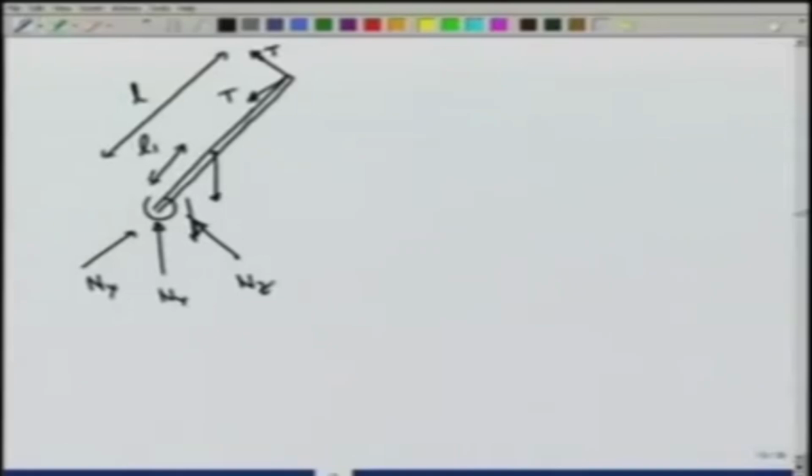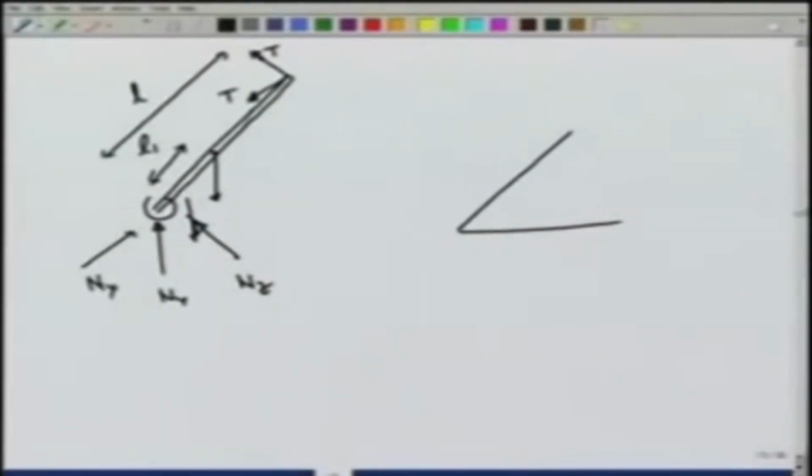So, let us first choose our axes x, y and z. We choose our axes in such a manner that the pole is over the y axis and is in the yz plane. Let the pole be in the yz plane over the y axis, making an angle theta from the y axis.